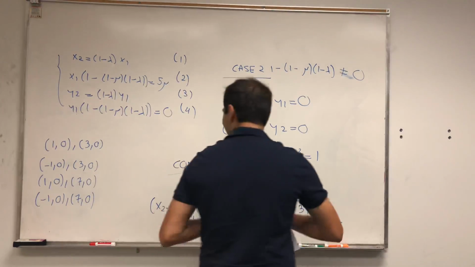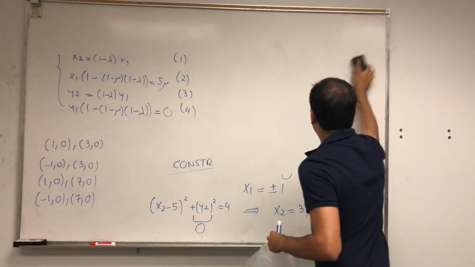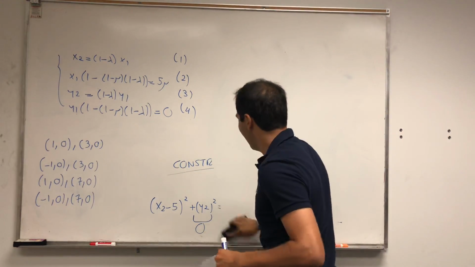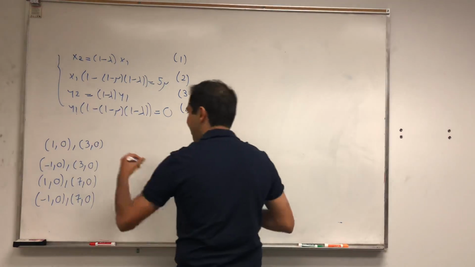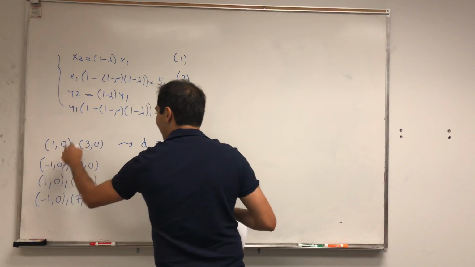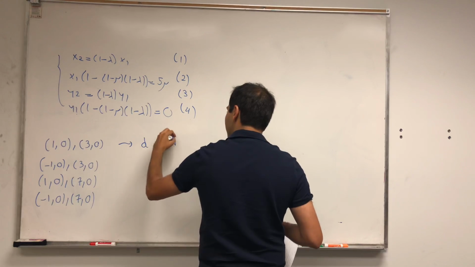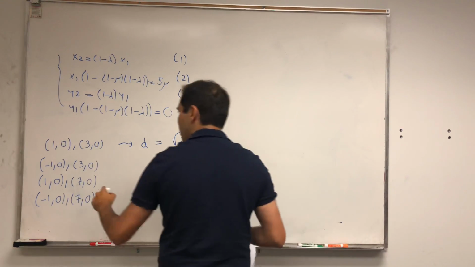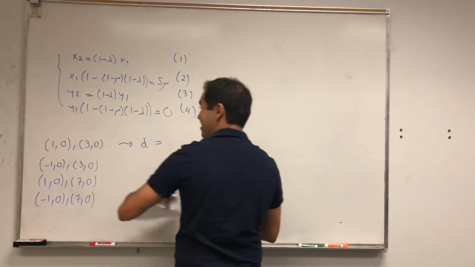And now let's go back to our original figure and see which one gives you the maximum and the minimum. So, if you want, you can also calculate the distance. So here the distance would be 3 minus 1. No, sorry. Distance between the two is just a difference.